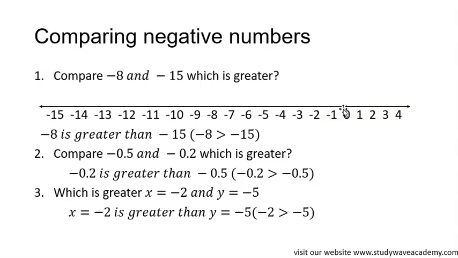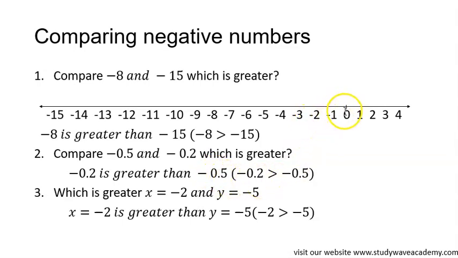So when comparing negative numbers, you think of them in terms of their distance from 0. See the distance of -8 from 0 and see the distance of -15 from 0. So -8 is greater than -15, okay? Now let's compare -0.5 and -0.2, which is greater? -0.2 is greater than -0.5.